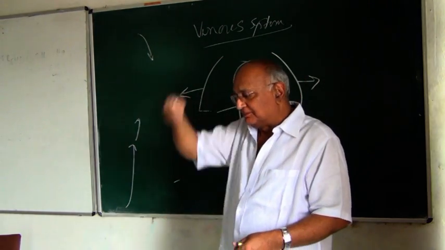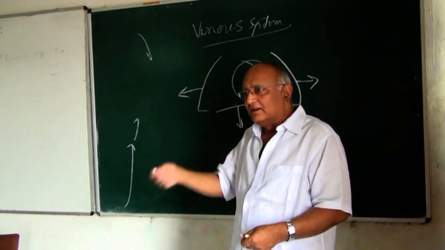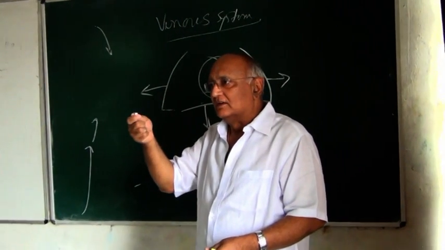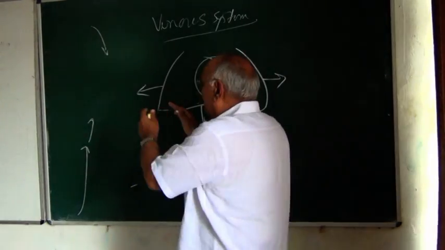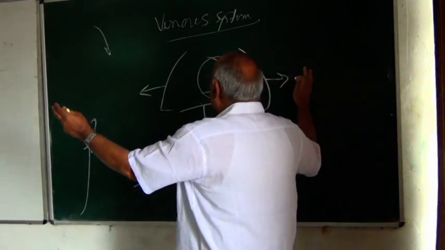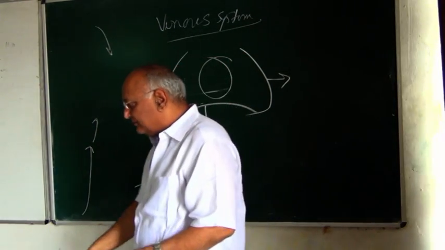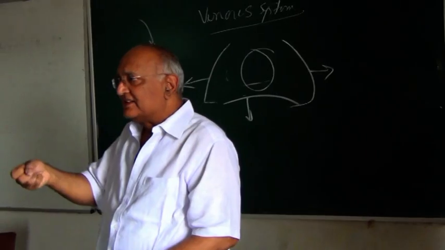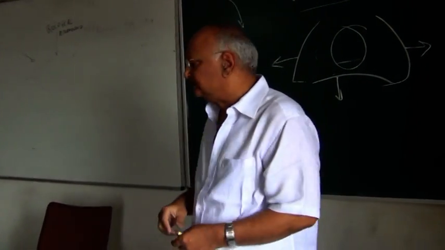This negative pressure sucks the blood from the lower side to the upper side. Second, when you exhale, the positive pressure is there. So this negative pressure brings the blood from the toe to the heart.